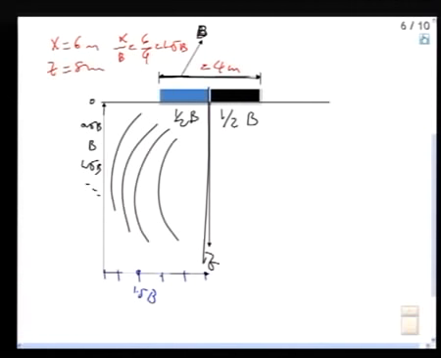And then Z over B equals 8 over 4, which is 2. So I go 0, half B, B, B and a half, 2B. So this is 2B. Then I will do like this and find this point.